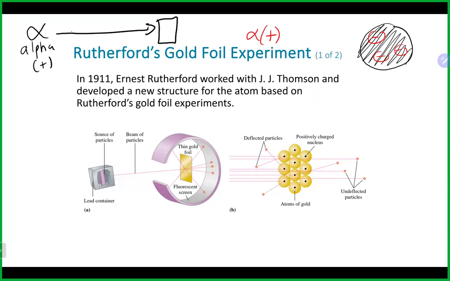So what they thought would happen would be kind of this. We're obviously shooting something positive at something that's ultimately positive, which means they should repel each other, except that the positive charge is spread out all over, right? So it's not really thick, if you will. It's kind of a thin positive layer, if you want to think about it.